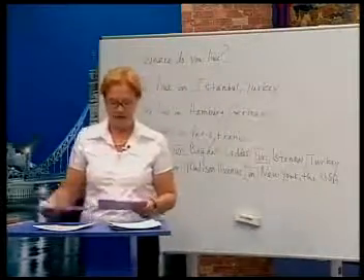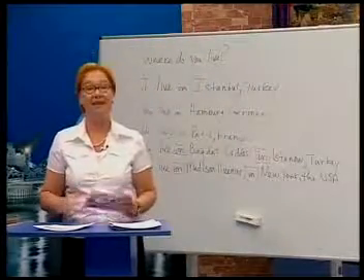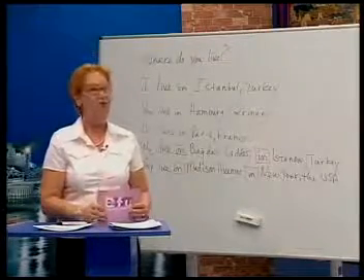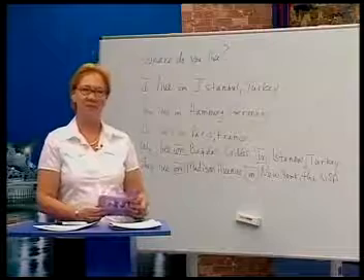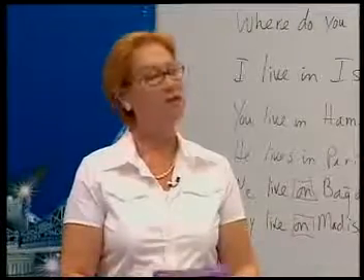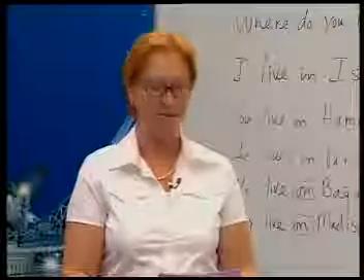Okay? Now, let's ask questions again. But I want you to make them shorter. So, Ali, where do you live? I live on Bağdat Caddesi in Istanbul, Turkey. Okay. Lisa, where do you live? I live on Besserstraße in Hamburg, Germany.